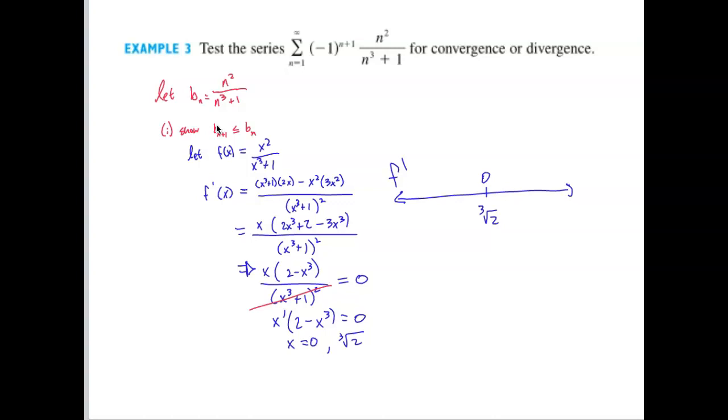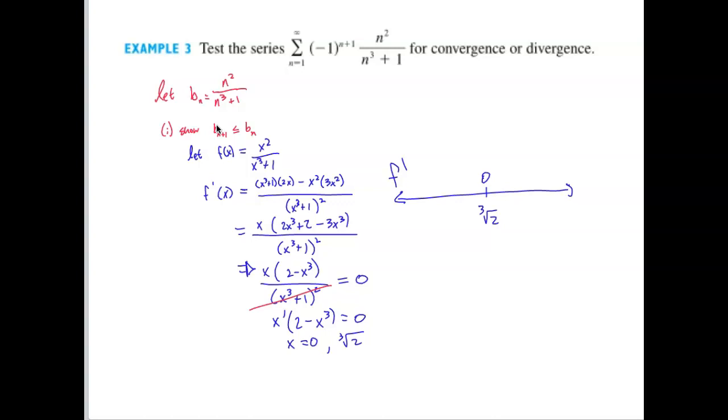All right, so we'll test a number. What's less than the cube root of 2? 1 has to be less than that, right? What's the cube root of 1? 1. So the cube root of 2 has to be more than 1, right?